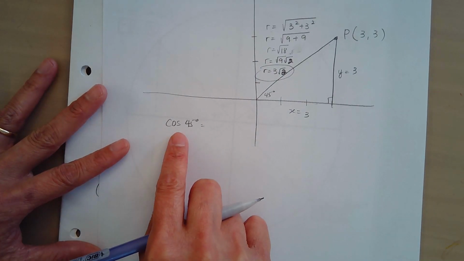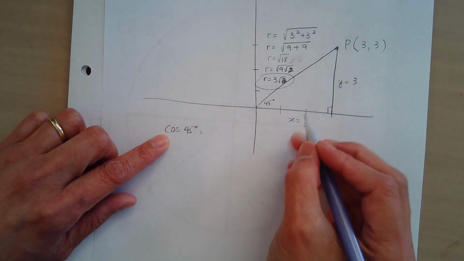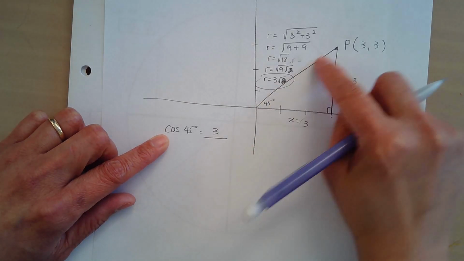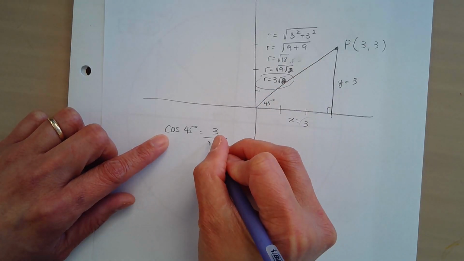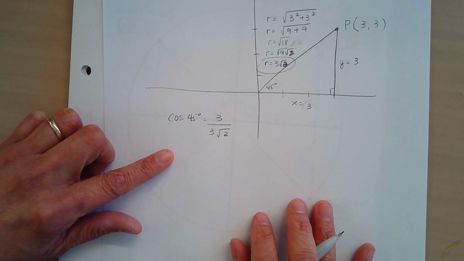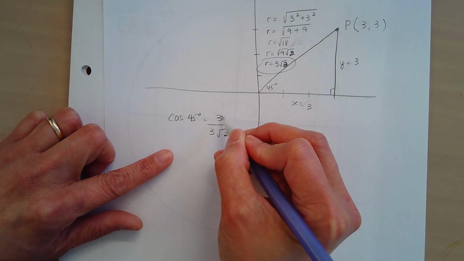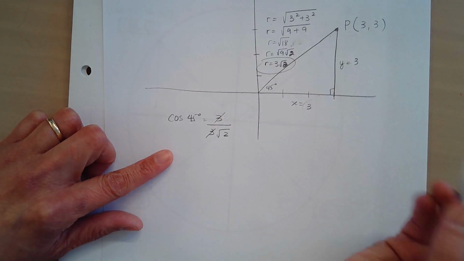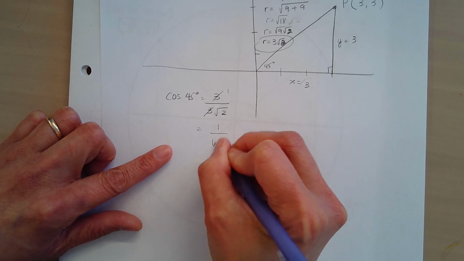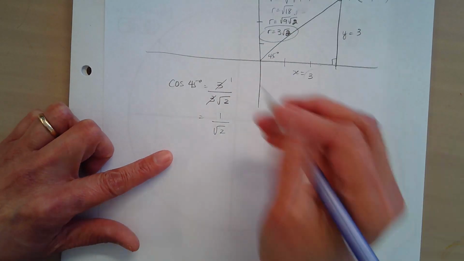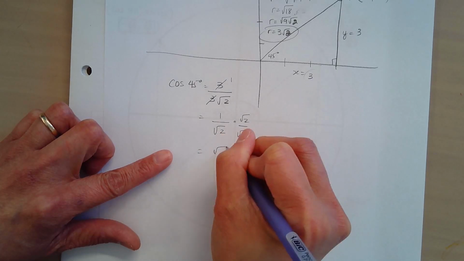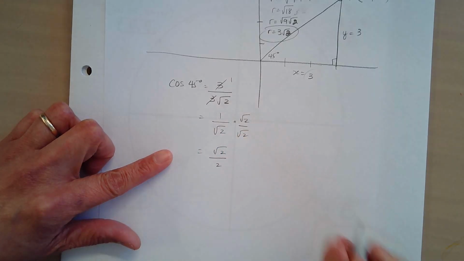So cos of 45 would be adjacent over hypotenuse, yes? 3 over 3 root 2. Okay, well, that doesn't look the same, but wait a second. If I cancel this, I cancel that, that's just 1. And that's going to be 1 over root 2. And then rationalize it. You're going to get root 2 over 2.